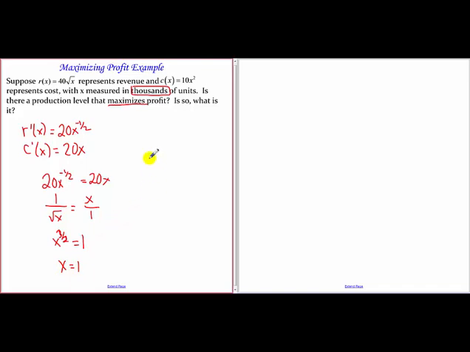So now let's use our second derivative test. Remember, our derivative really is the derivative of revenue minus the derivative of cost. So therefore our second derivative is going to be this.